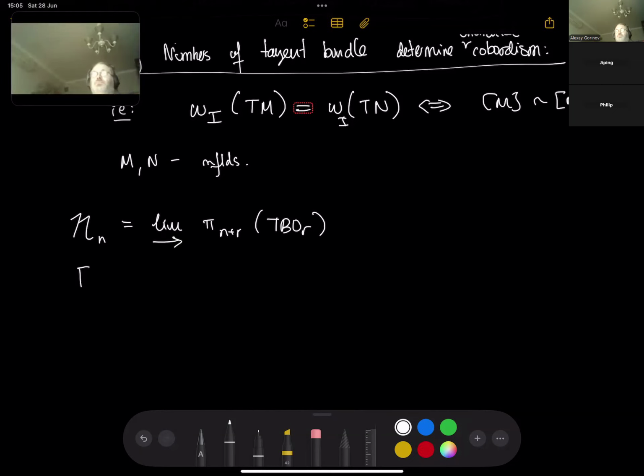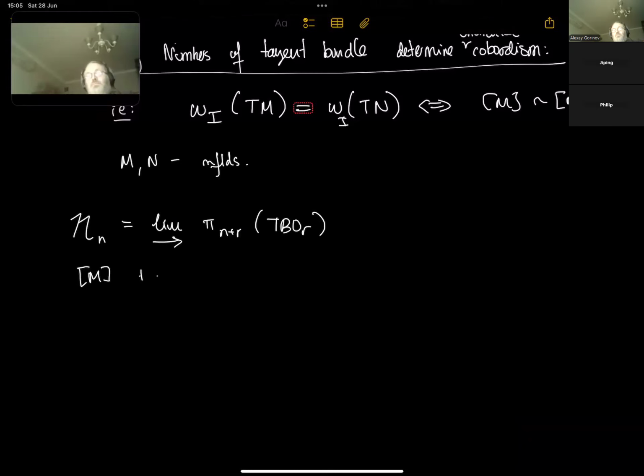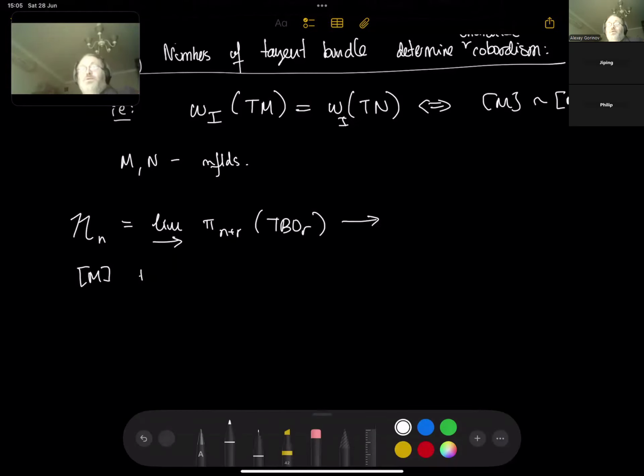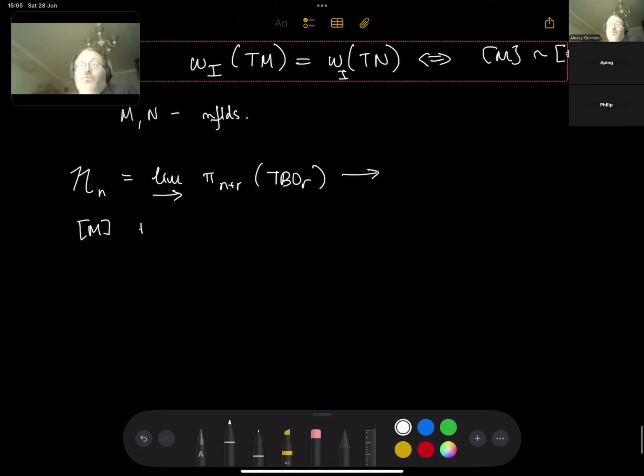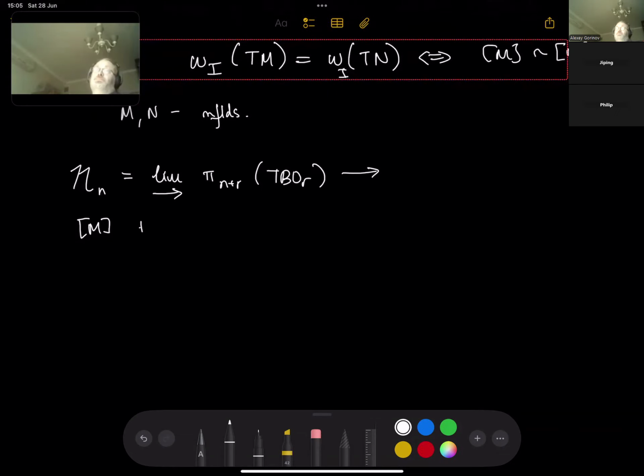Let's take a class here. Let's look at its image under the Pontryagin-Thom isomorphism, and then compose it. Probably worthwhile to recall how exactly the isomorphism works. Sure.